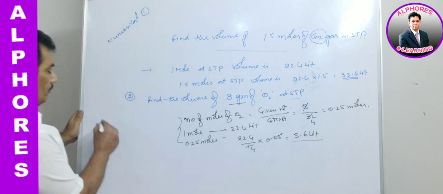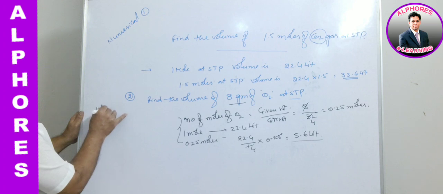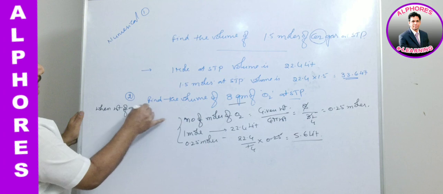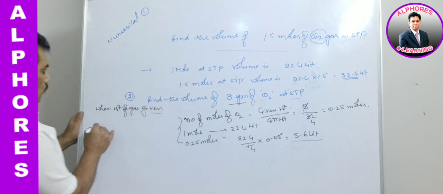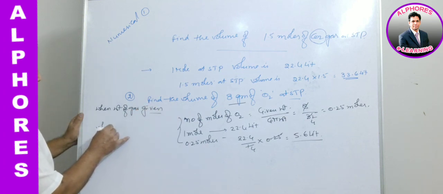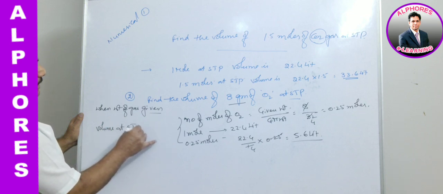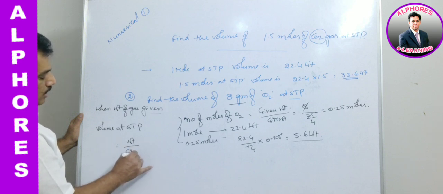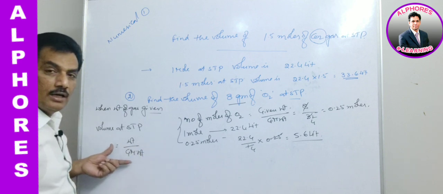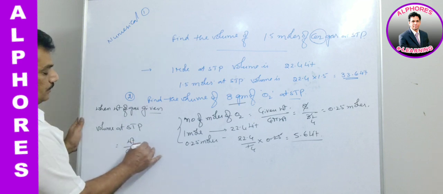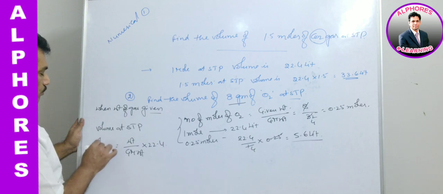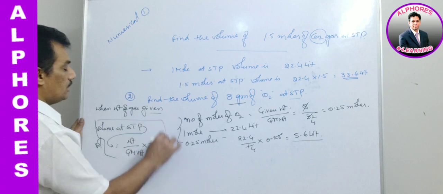So when weight of gas is given, volume at STP is equal to weight by gram molecular weight, which is nothing but number of moles, into 22.4 liters. Directly this is volume at STP. We can measure with this formula.